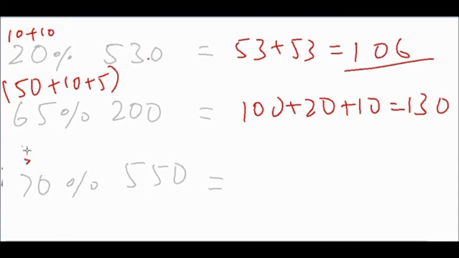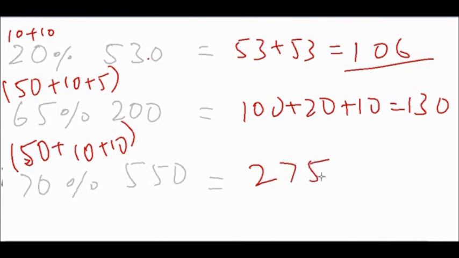Again, 70% of 550. 70 is actually 50 plus 10 plus 10. So 50% of 550 is half of this number, which is 275.